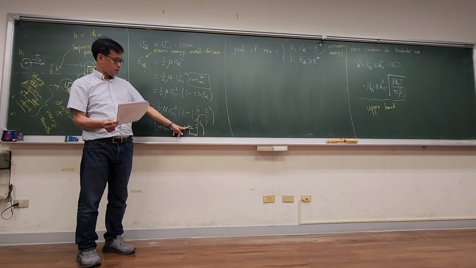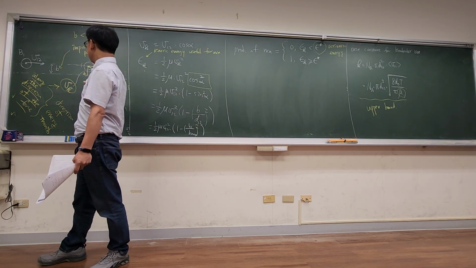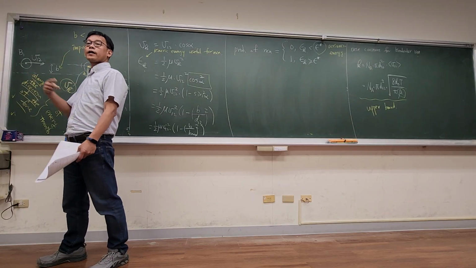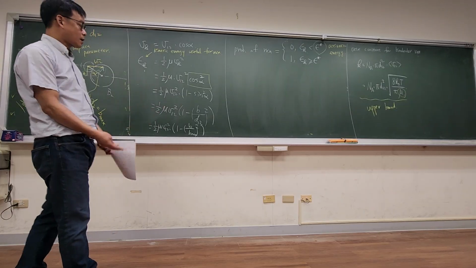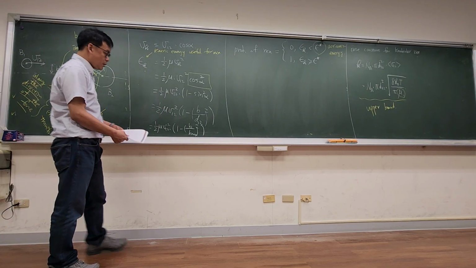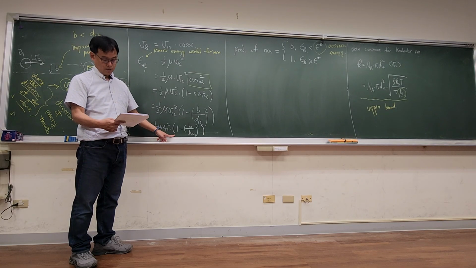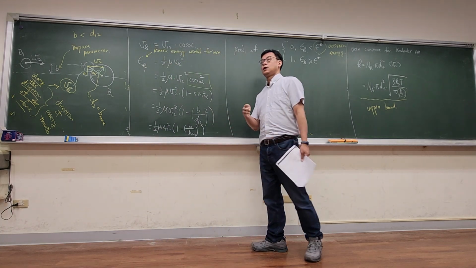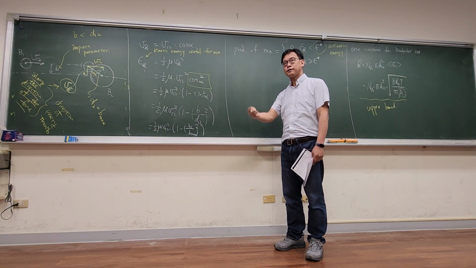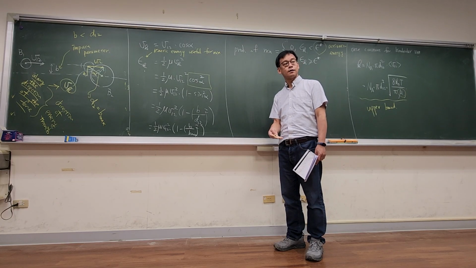Only when the impact factor is 0, I mean when it collides head on, can all the kinetic energy be used for chemical reaction. Otherwise, the available kinetic energy will be smaller according to this equation. So now the probability of a reaction depends on the impact factor, not just the relative energy, relative velocity.